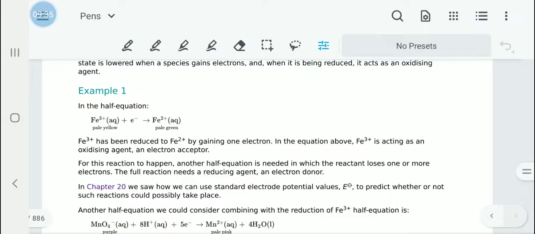Leave a line and write: when considering Fe3+ conversion to Fe2+, underneath that write down the equation.